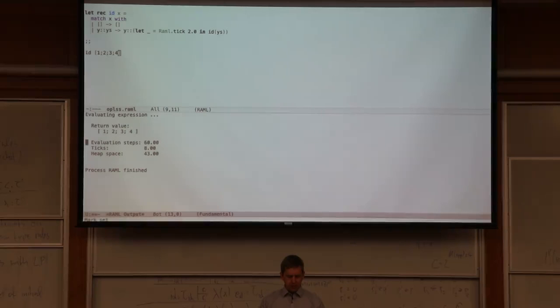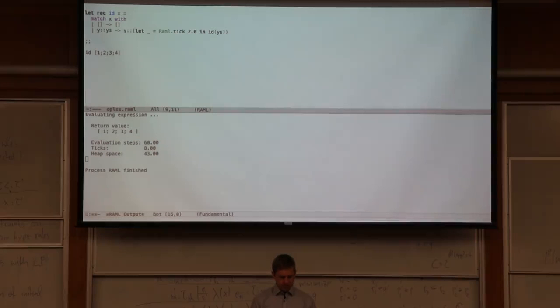And we see here there are 3 metrics built in. There's this tick metric that says we executed 8 ticks, which is exactly right, 1 per list element. And then it also has a built-in number of evaluation steps with respect to big step semantics, and it also has a heap space metric that we're not going to talk about today.